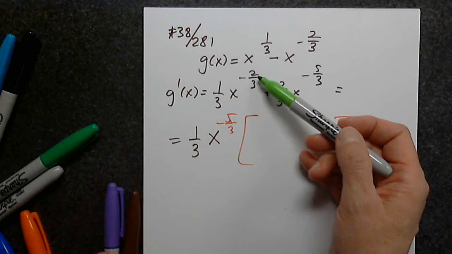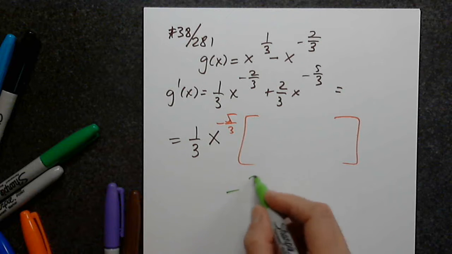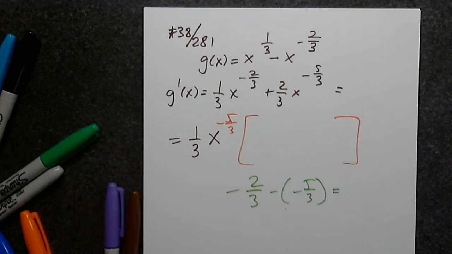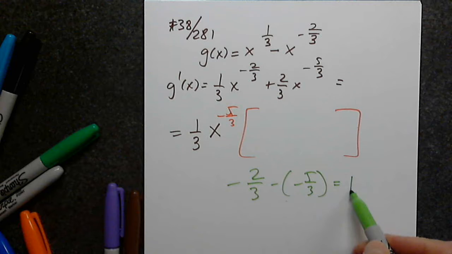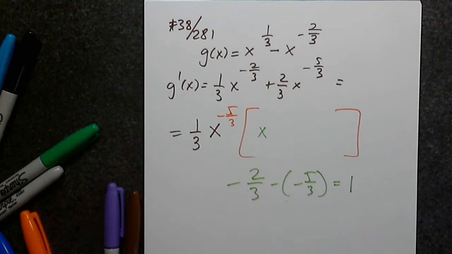From negative 2/3, we subtract negative 5/3. What is the answer? One. So it's just x. Plus what?